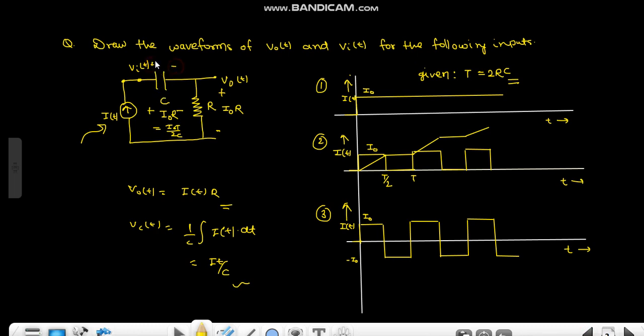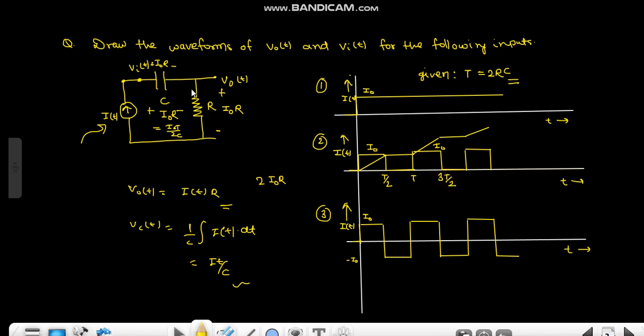It's I naught into R, and now we have again applied I naught current. This is the previous charge, and now Vi(t) would start from 2 I naught R and increase till 3T by 2.